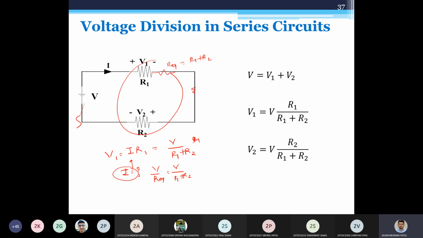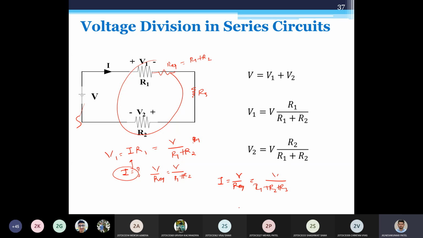Now let's add one more resistor, R3, over here and see what will happen this time. Again, what would be my current I? I is equal to V upon R eq, the equivalent resistance of these three. This is a series connection, so obviously it would be R1 plus R2 plus R3.